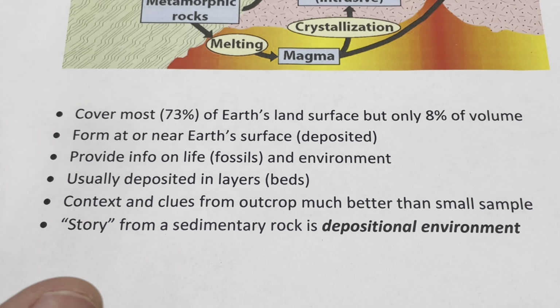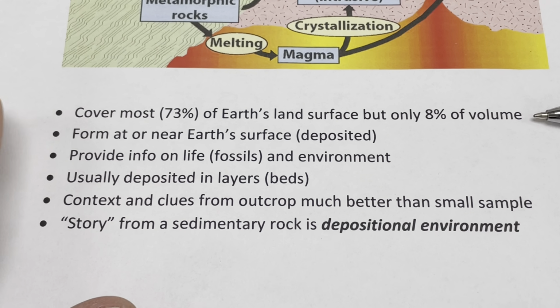But realize that sedimentary rocks are a very small percentage of the volume. While they cover a large area, they don't extend very deep in most places, maybe a few thousand feet in some places. The sedimentary cover could extend tens of thousands of feet, but that's a pretty small amount when we look at the grand scheme of things in terms of the thickness of the Earth and the crust of the Earth.